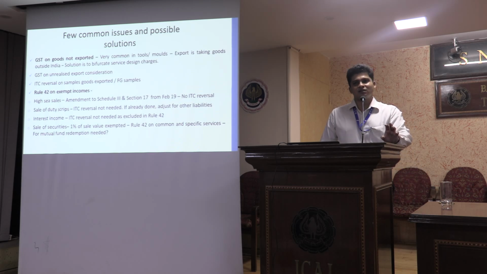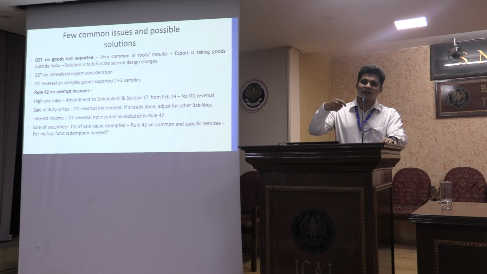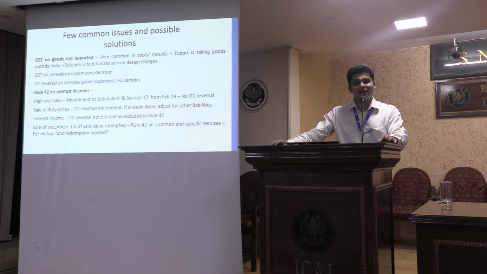Again, the question is correct that the duty scrips which are exempted in GST law were part of exempt supply for the purpose of Rule 42, and once it came into the law, it came in by way of explanation, saying that duty credit scrips exempt supply need not be considered as exempt supply while doing this ITC reversal computation.